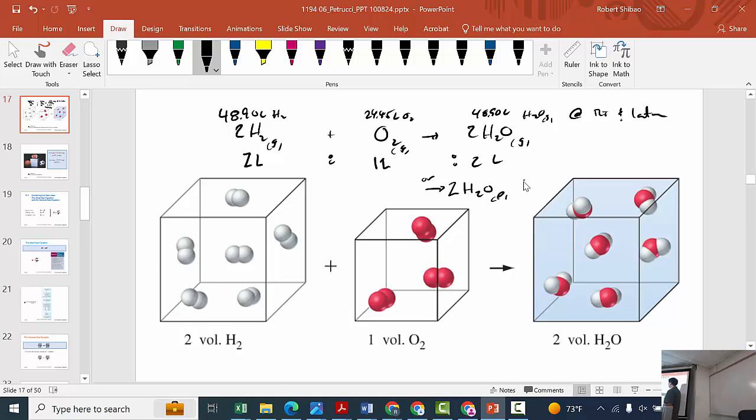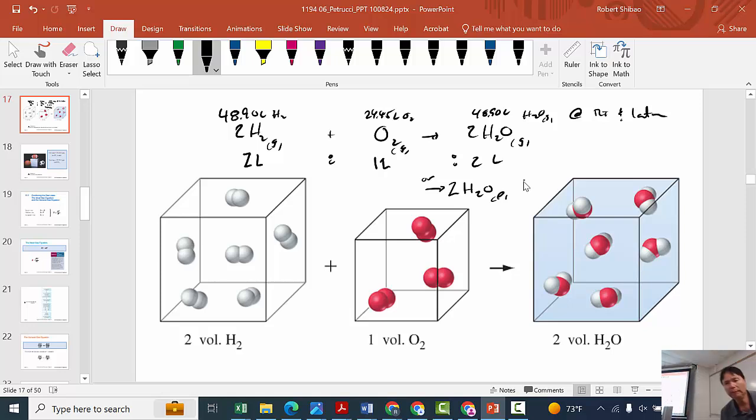So if we take 48.90 liters of hydrogen at RT and 1 atmosphere, and 24.45 liters of oxygen at RT and 1 atmosphere, and that's 2 moles of hydrogen, 1 mole of oxygen, and the mole ratio is always correct. We form 2 moles of water. But would this 2 moles of water occupy the same volume as this 2 moles of water? Do you think? No. These 2 moles are gaseous water, and this is liquid water.